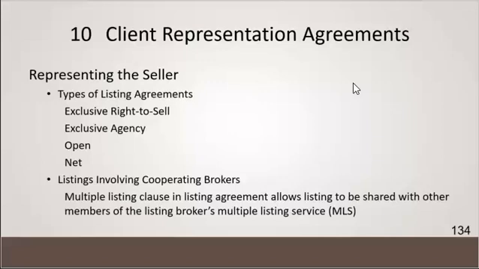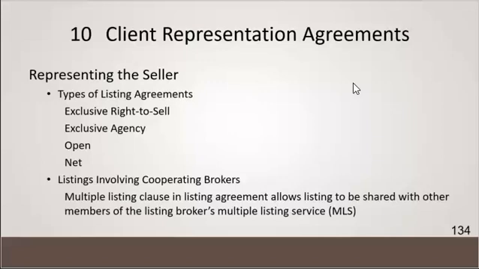The state looks at a listing agreement like this: that I walked up to some door and went, hey, you're going to sell your house today, and you're going to use me to do it. And they said, oh, okay. So the fact that I got them to sign the listing agreement will make me the procuring cause on this sale, at least on the listing side.